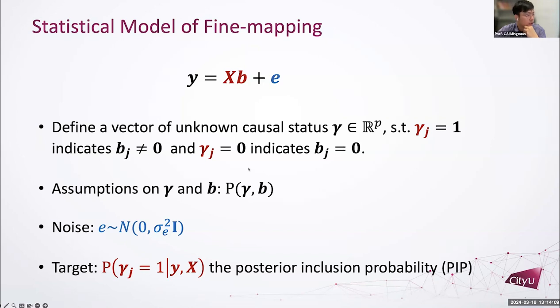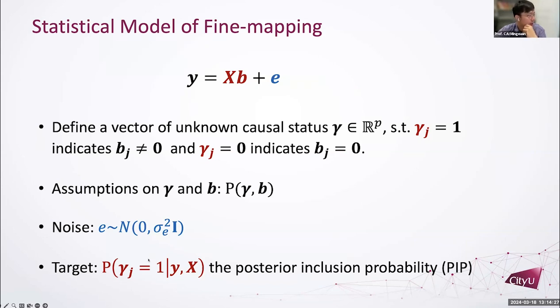Now, if we can introduce some proper distributional assumptions on gamma and B, then we have a prior distribution P(gamma, B). Then combining this prior distribution with our probabilistic model here, we can do Bayesian inference.